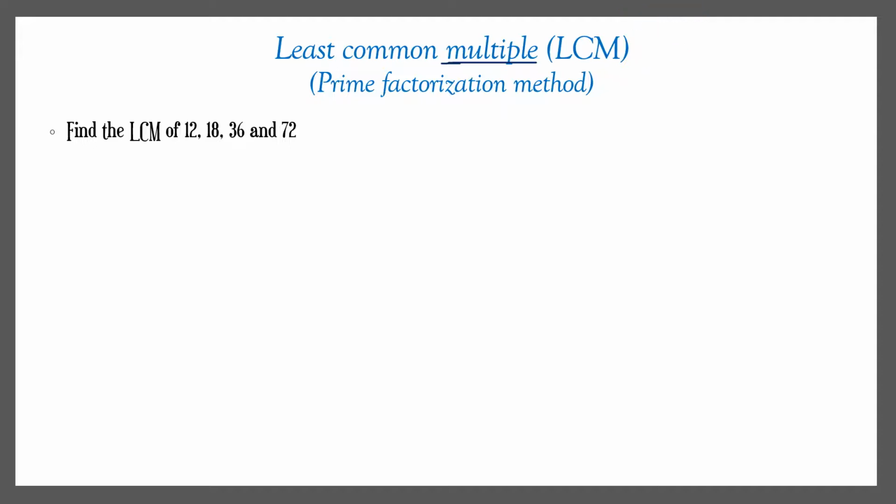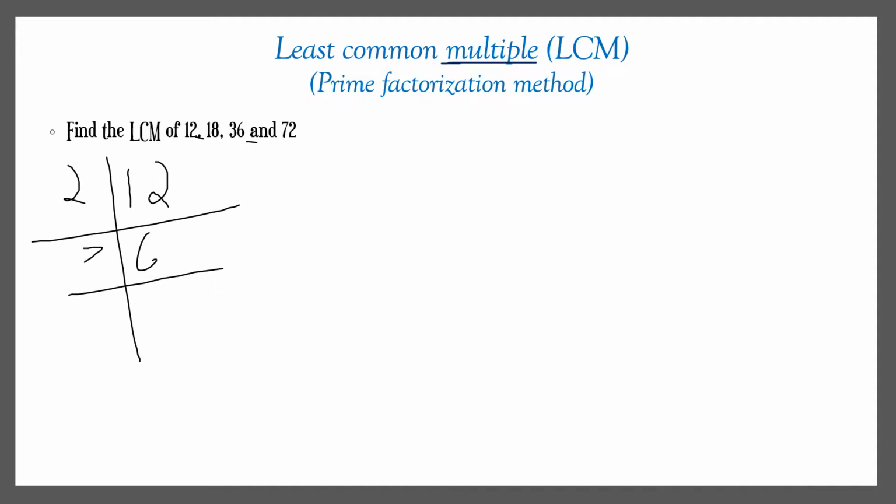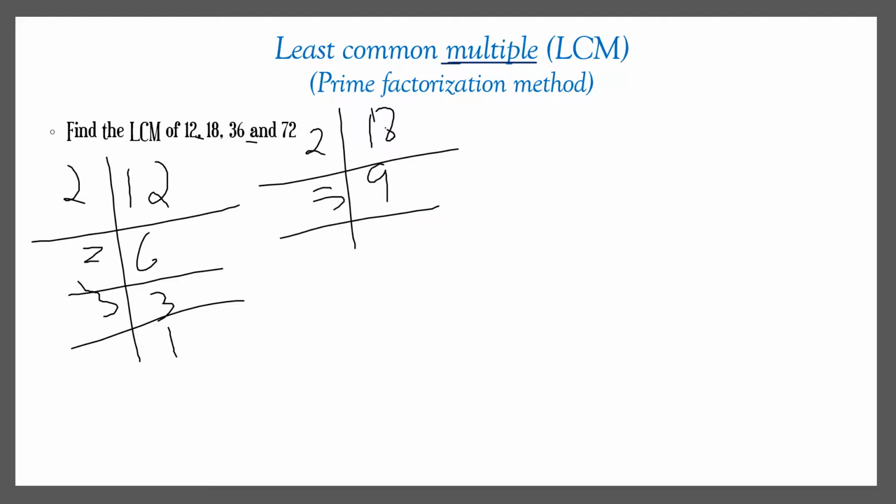So we have to first find the factors of these numbers. So let's find the factors of 12 first. Now we have to find the factors of 18. Three ones are 3.